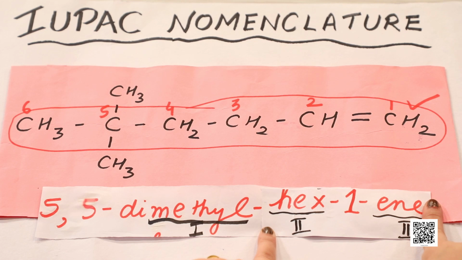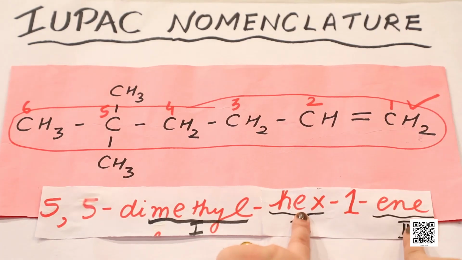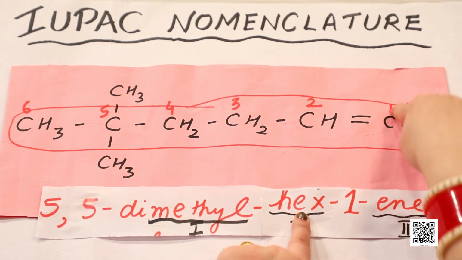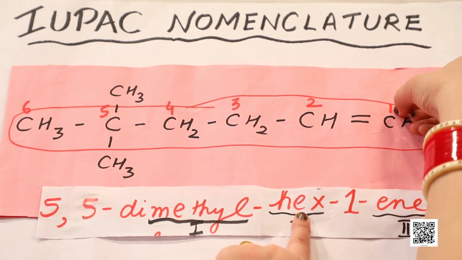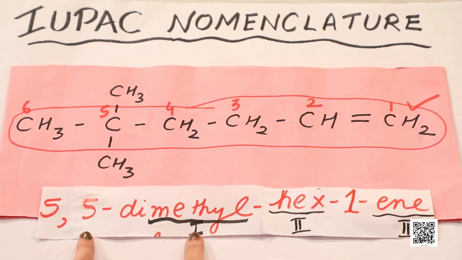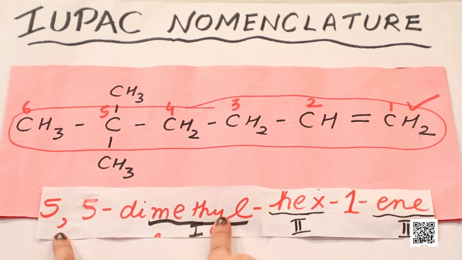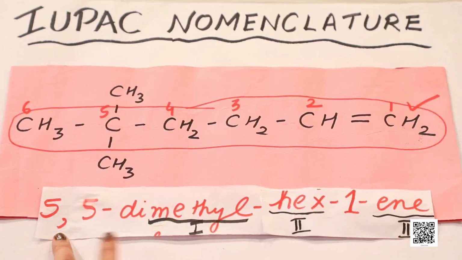And in the third part which we talk about primary suffix, it is presence of which bond? Double bond. Very good. So, we will write ene. And in front of ene, we will also specify position, and this position is 1 for double bond. So, overall name becomes 5,5 dimethyl hex 1-ene. So, my dear students, happy learning and keep practicing.